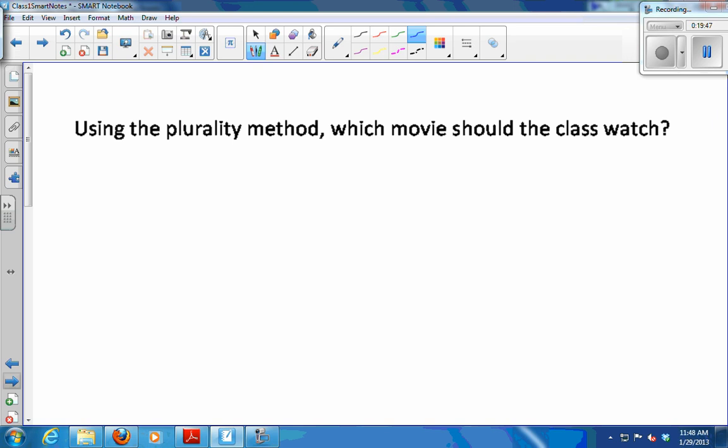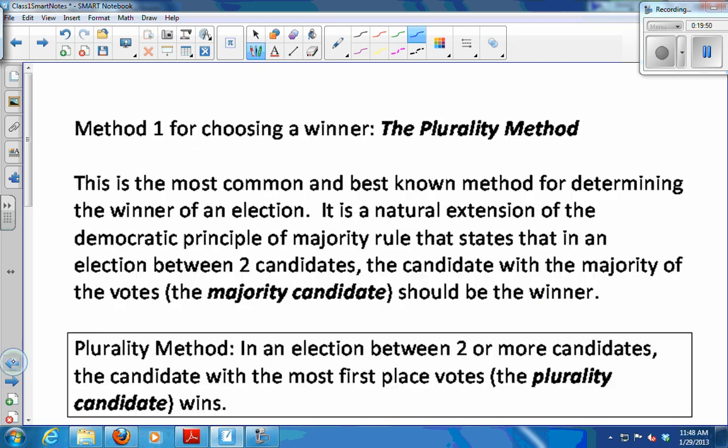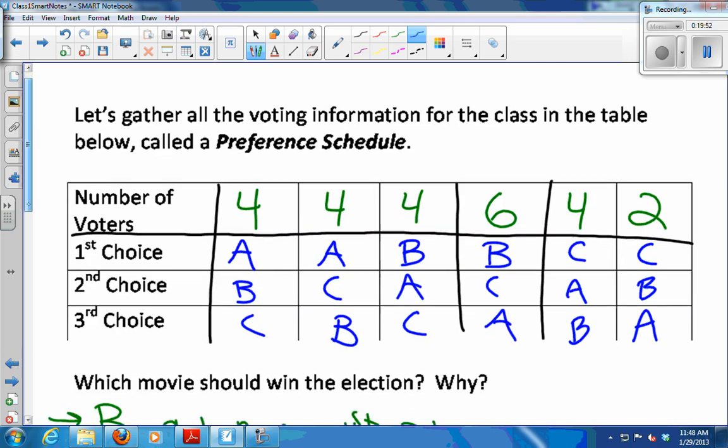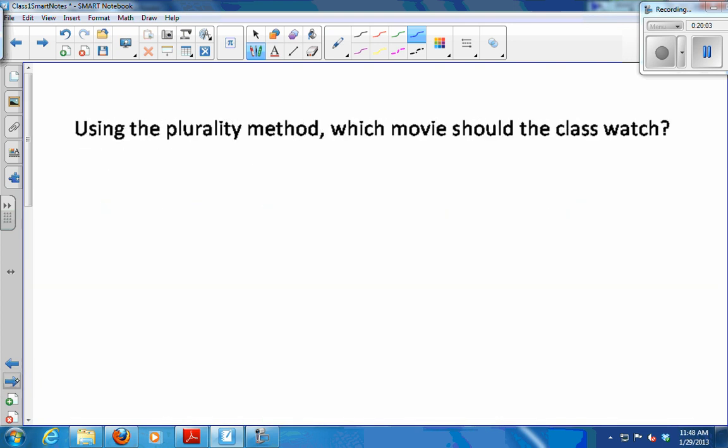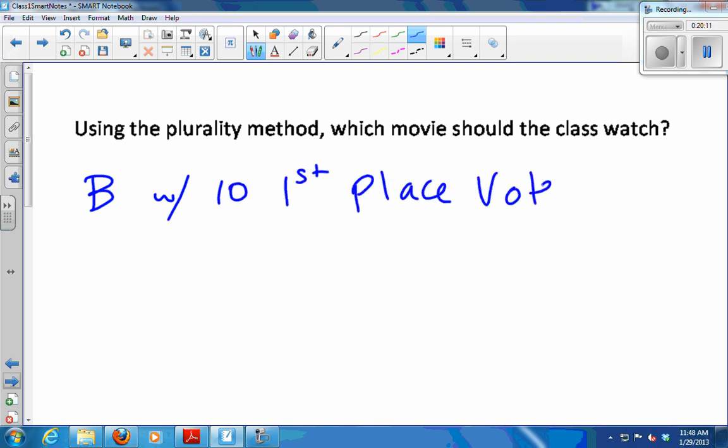So using the plurality method in our election here, who should win? B. Yeah, B has the most first place votes with 10. Okay. B wins with 10 first place votes. And remind me again how many people voted? 24 people voted. So does B have a majority? No. How many would it take for a majority? 13.